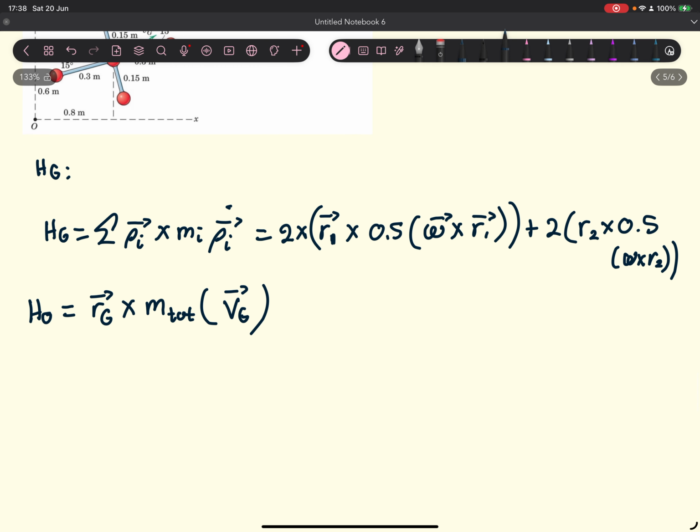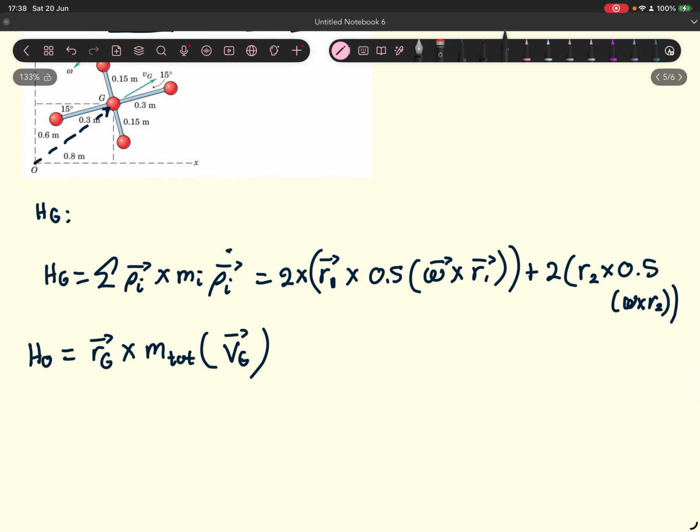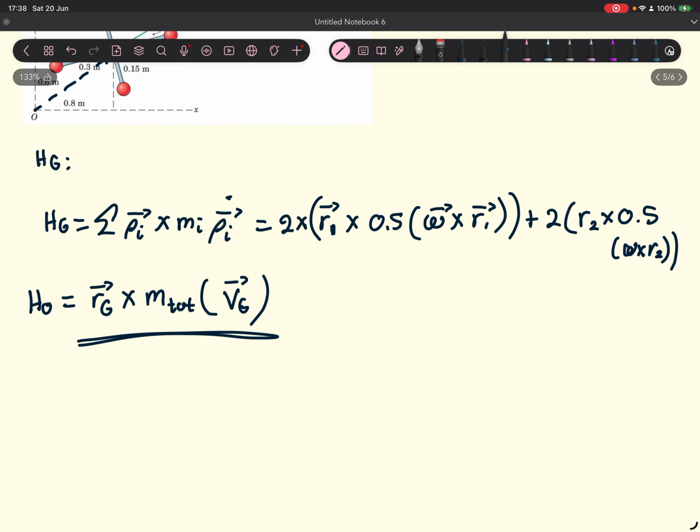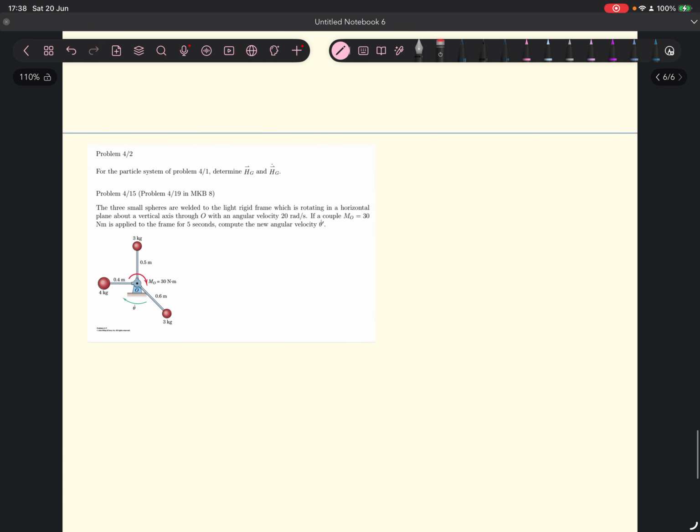Since you have all of these dimensions, you'd be able to get Rg, so using this wouldn't be an issue. Okay, hopefully that makes sense.